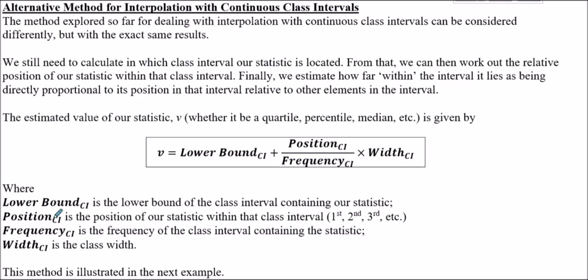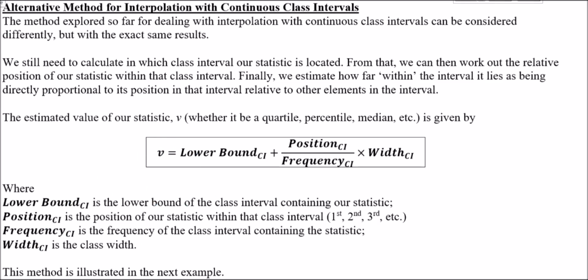Position Ci just stands for the position of the statistic in question within that class interval. So is it the first in the interval, the second, the third one inside the interval, and so on. Frequency Ci just stands for the frequency of the class interval which the statistic is in. And width Ci is the class width of that class interval.